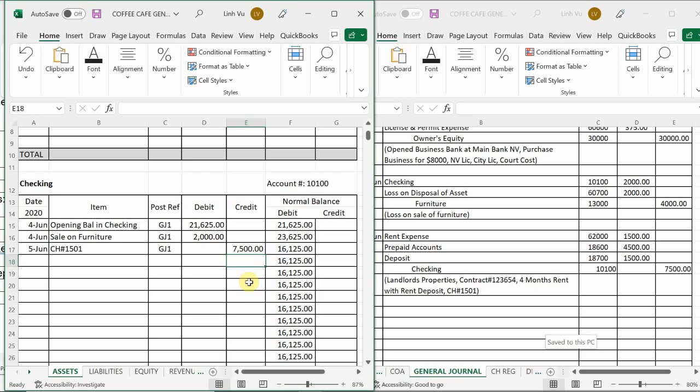Okay, now is that true in terms of real life time? If I write the check today, is that money going to come out of my bank account right away?